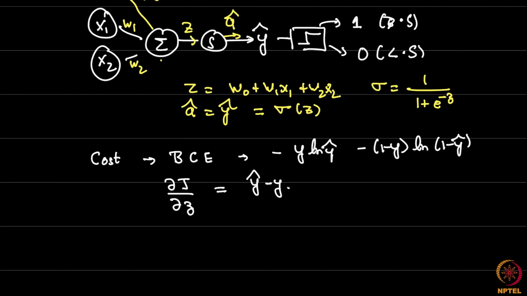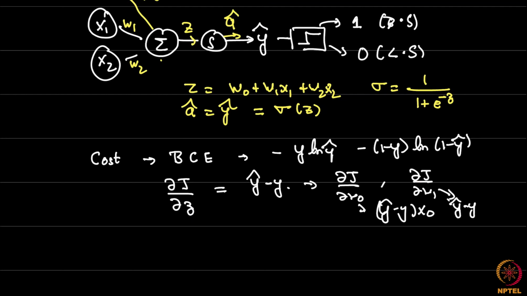And we use this finally in backprop and calculate del j del w0 and del j del w1. And del j del w0 was y hat minus y times x naught. Del j del w1 was y hat minus y times x1. And del j del w2 was y hat minus y times x2. So all this is just to remind you of what we had done here.